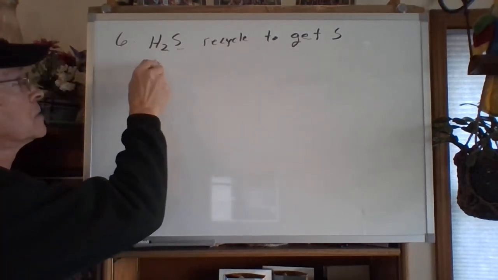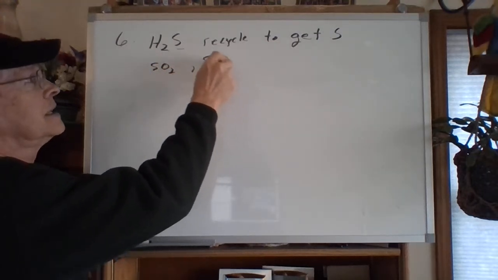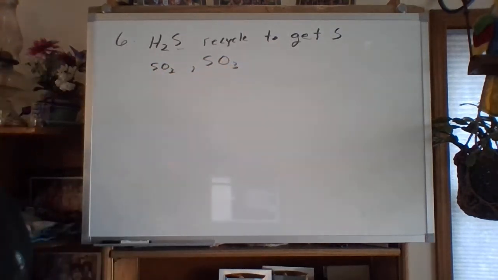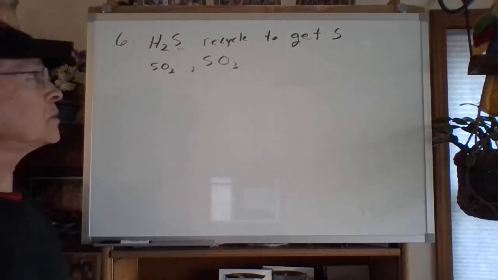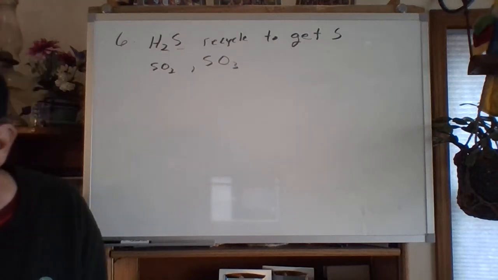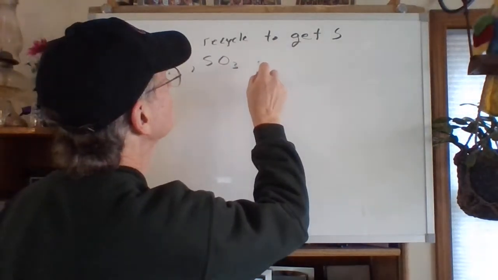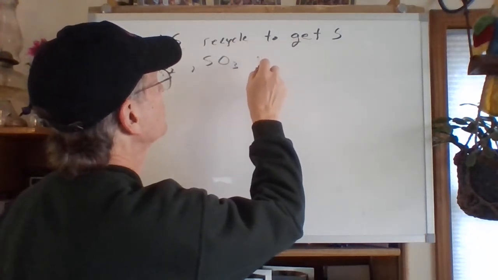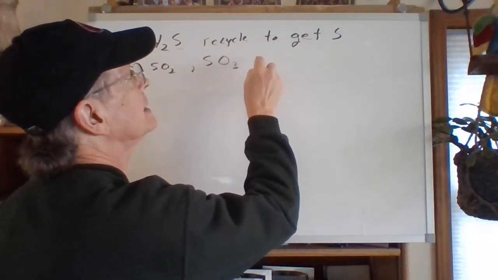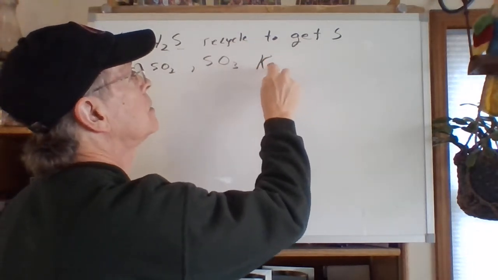And of course, SO2 and SO3 gases are both toxic and so we want to contain those as best we can. We don't want those to escape into the environment. We want to contain them. We could say SO2, SO3, keep from losing them.